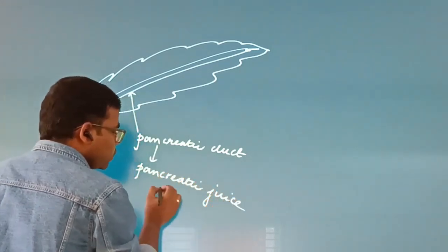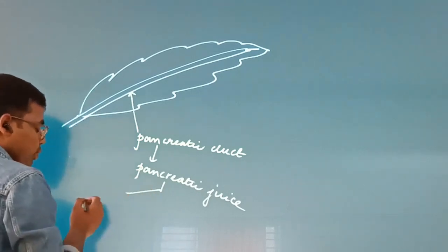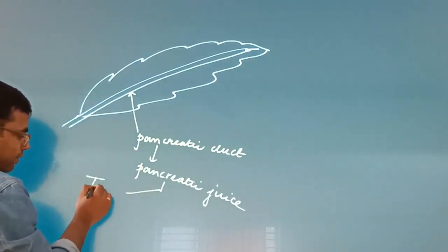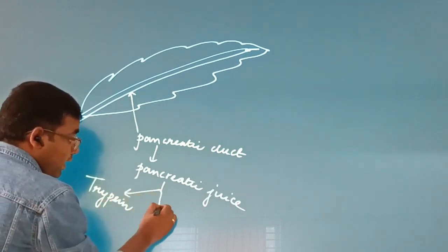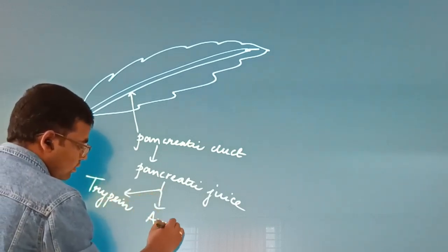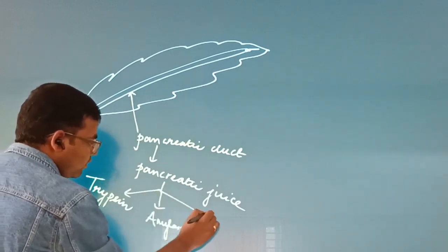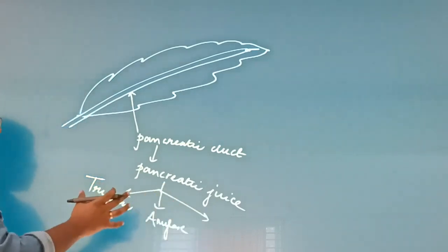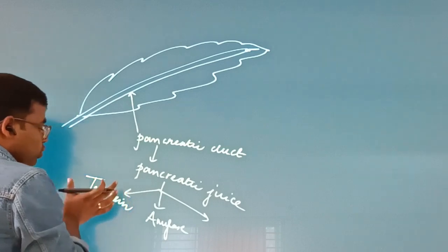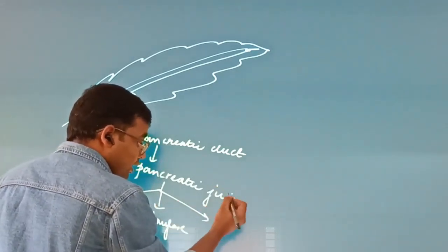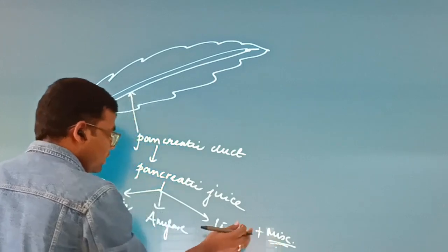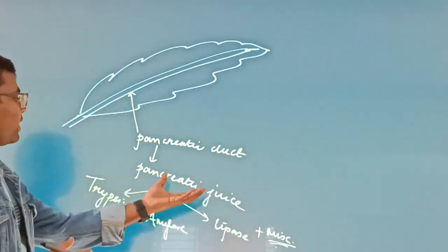This pancreatic juice contains trypsin, pancreatic amylase, and lipase. These are the chief enzymes present in pancreatic juice; there are other miscellaneous ones, but these are the chief ones.